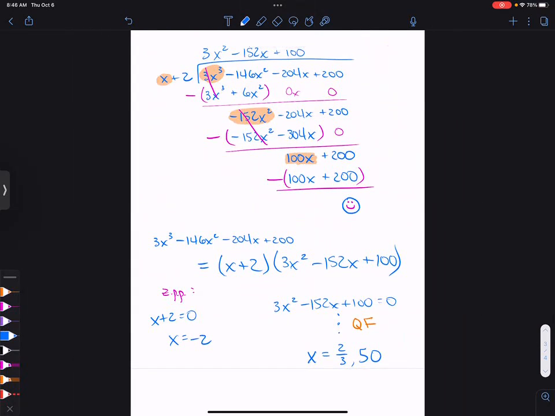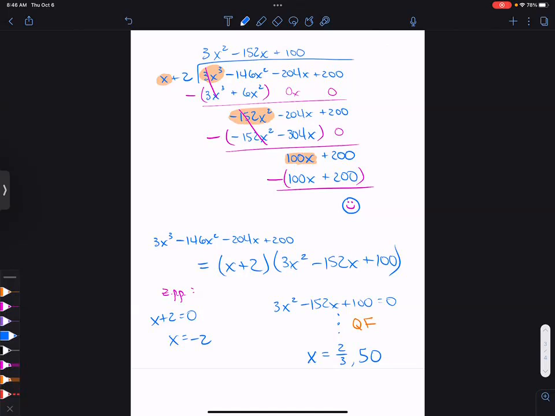All right, so flip over real quick and look at maybe number 6 and 7 on the back. Number 6 says, given that 3 is a 0 of this function, find the other zeros. If I'm telling you that 3 is a 0, I'm giving you a piece of information like this, right?